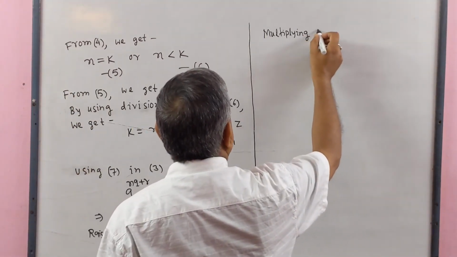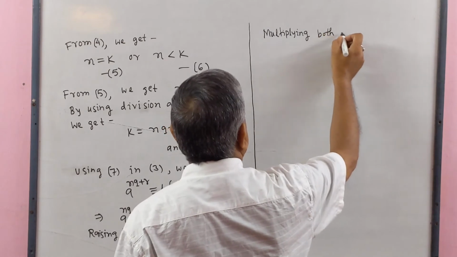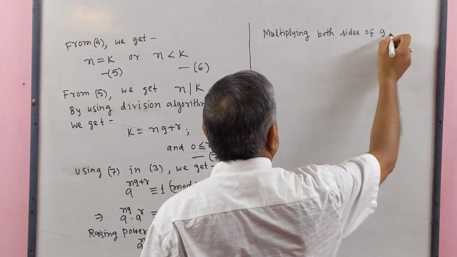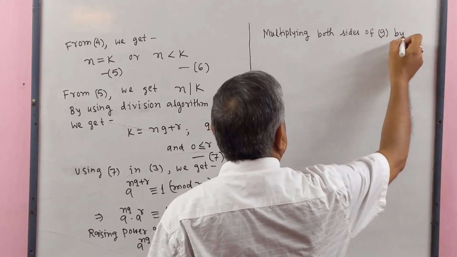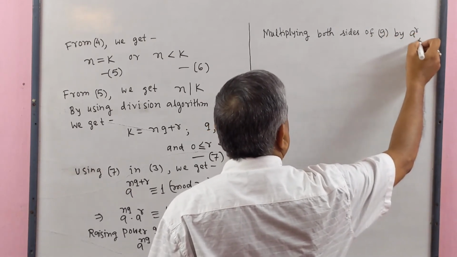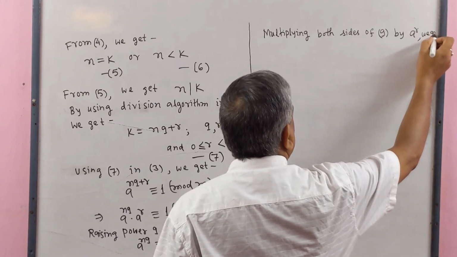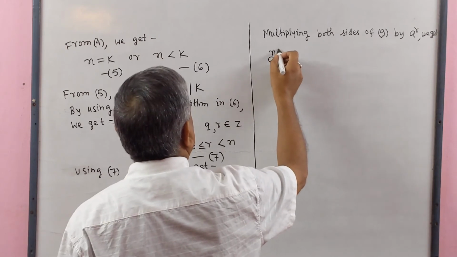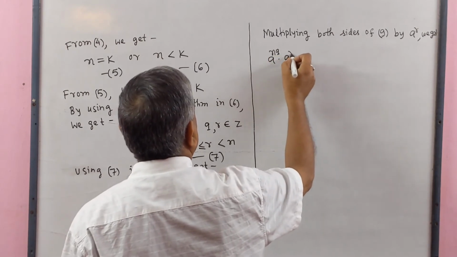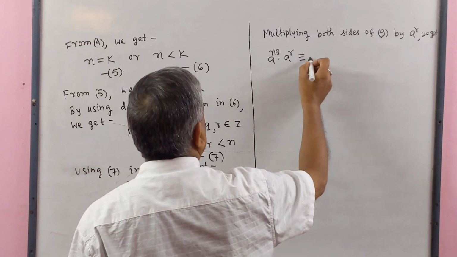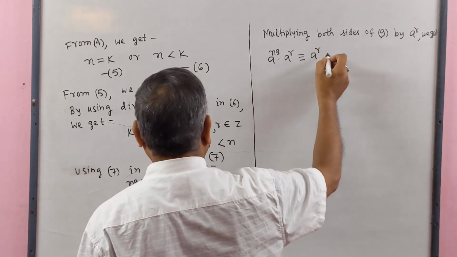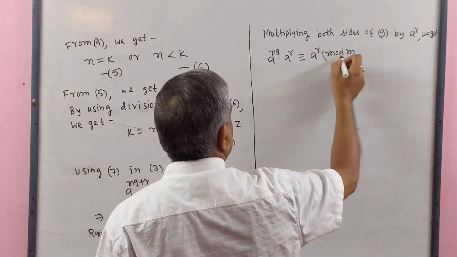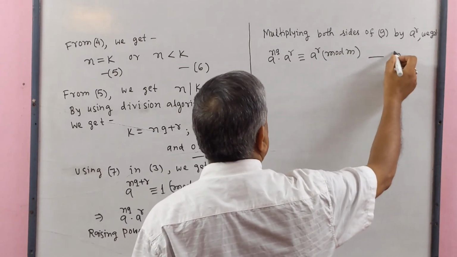Multiplying both sides of 9 by A to the power R, we get A to the power NQ multiply A to the power R is congruent to A to the power R modulo M. Let this be number 10.